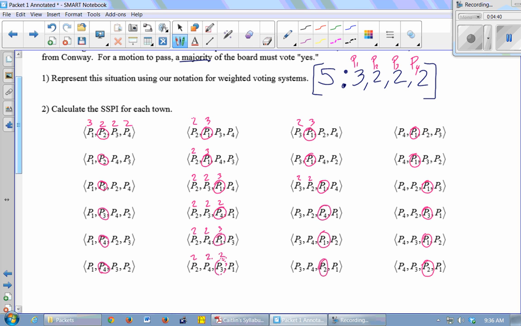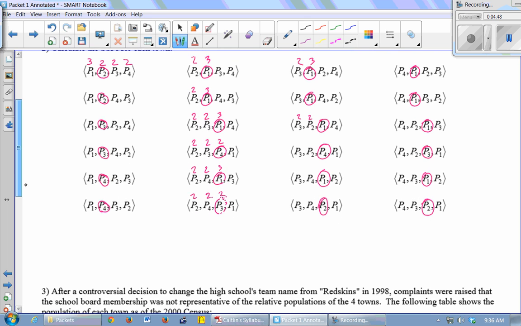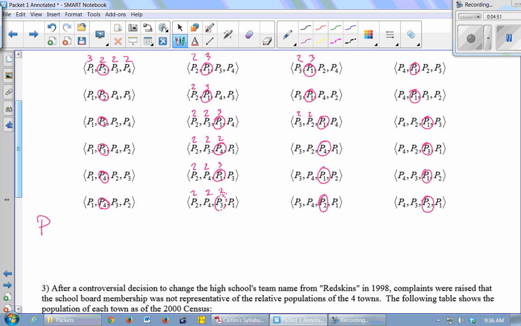There we go. All right, so now to calculate the SSPI, I have to count up how many times I circled each player. Okay, so player 1, player 2, player 3.